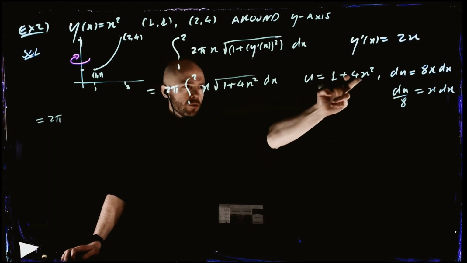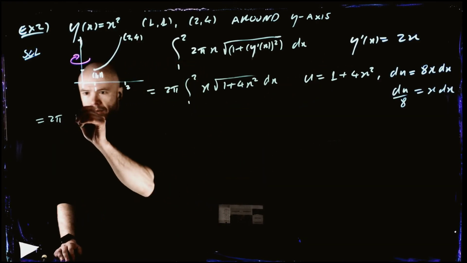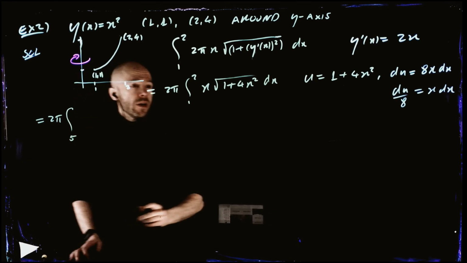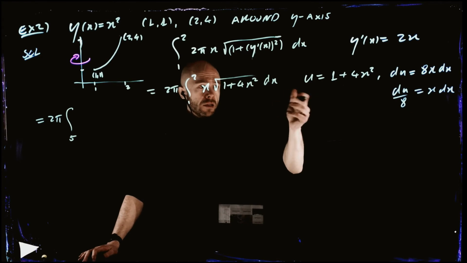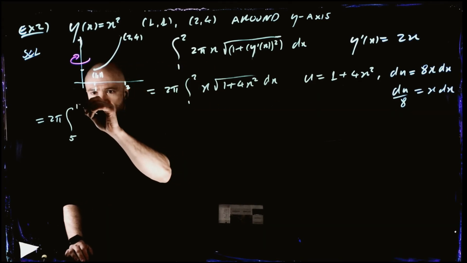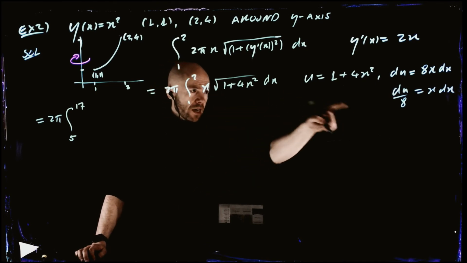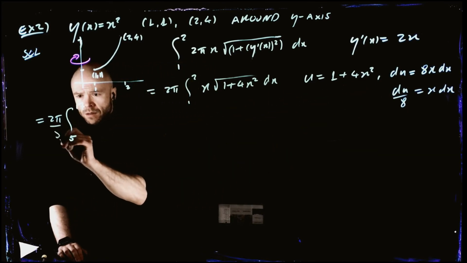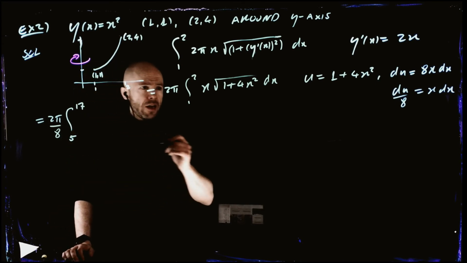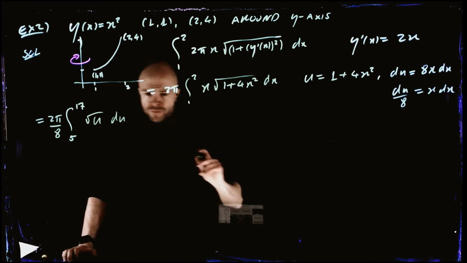When x is equal to 1, we have 1 plus 4, so it's 5. When x is equal to 2, we have 4 times 4, which is 16, plus 1, so it's 17. The x dx is replaced by du over 8, and then we just have the square root of u.